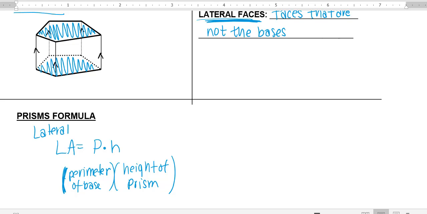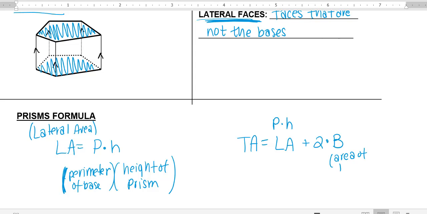And of course, L stands for our lateral area. And then we have our TA, which just includes our bases. So we have our LA, which is perimeter of the base times the height, and then plus, in this case, we have two bases. So find our area of the base and then multiply by 2.